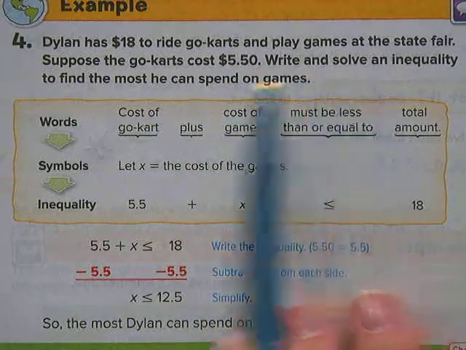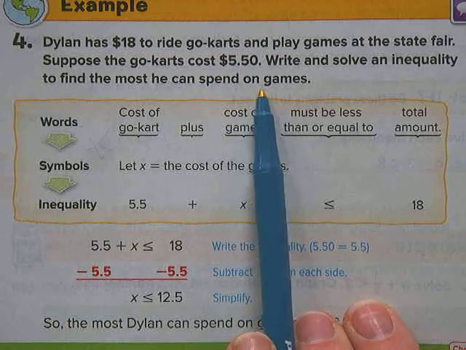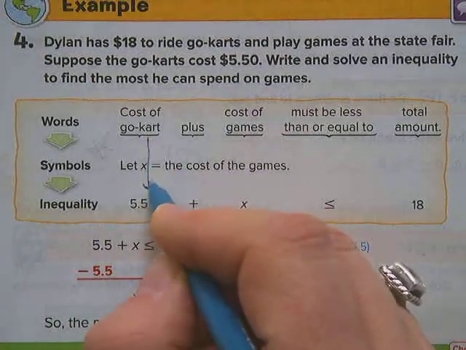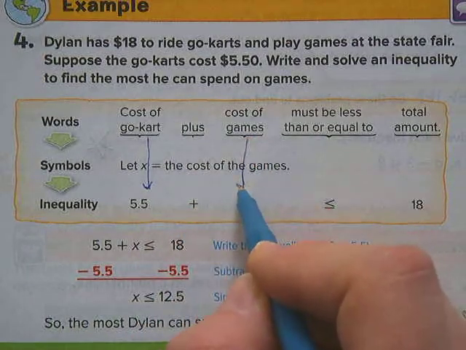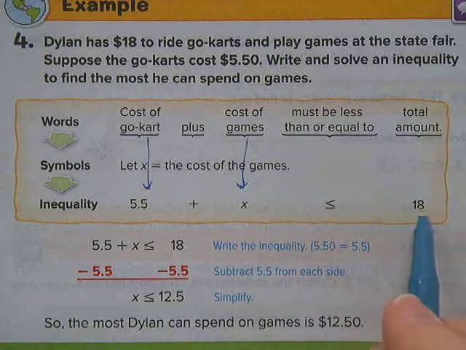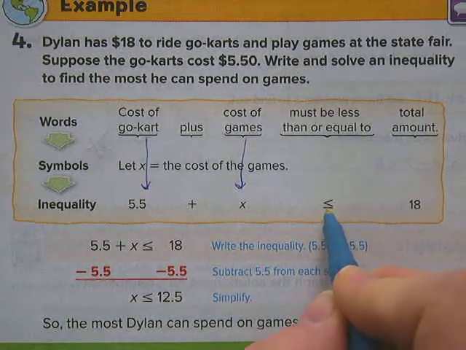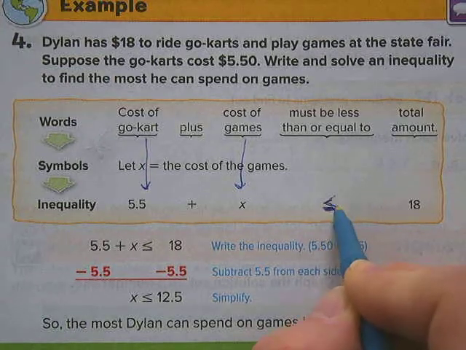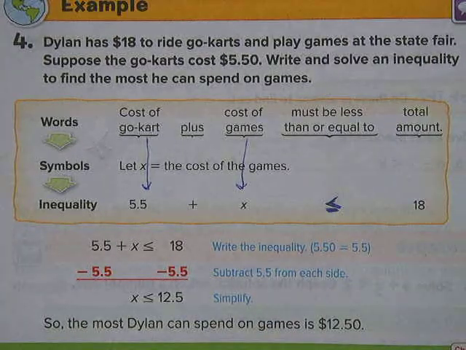This example says Dylan has $18 to ride go-karts and play games at the state fair. Suppose the go-karts cost $5.50. Write and solve an inequality to find the most he can spend on games. So he's going to ride the go-karts, that's a given, plus he wants to spend some money on games. And he has $18, so he could spend all of the $18 if he wanted.